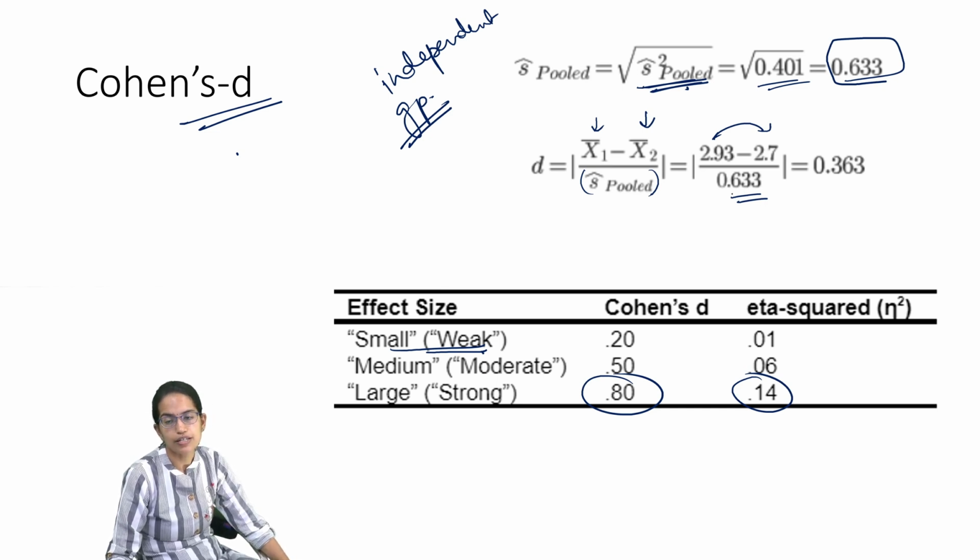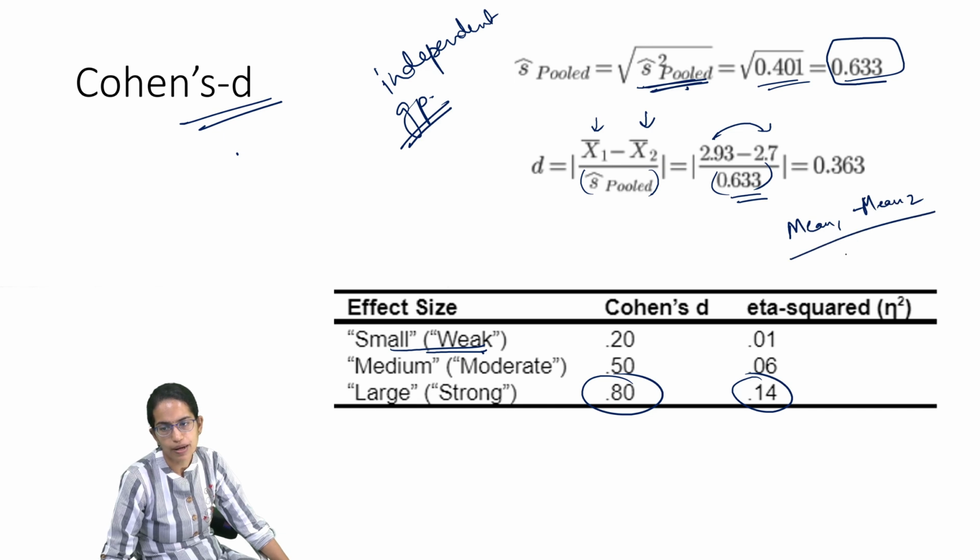So here my denominator is the standard deviation. Note, it is mean 1 minus mean 2 divided by the standard deviation of the sample, and that's pooled again. Clear? And that gives me a value of, let's say, 0.36.